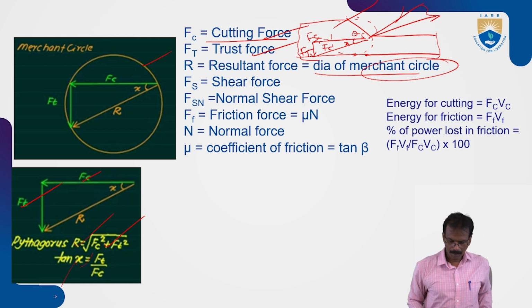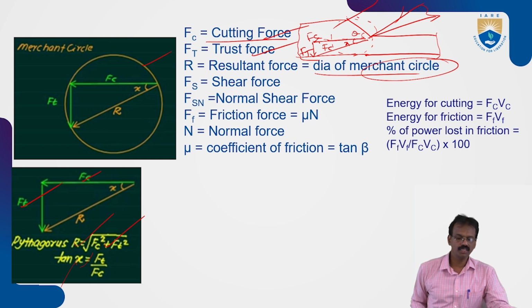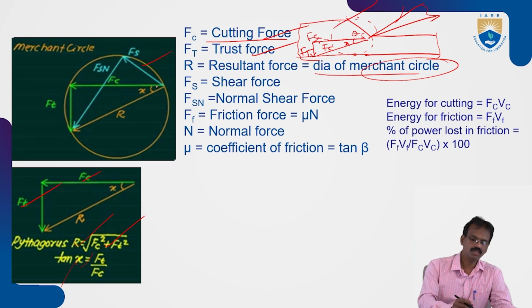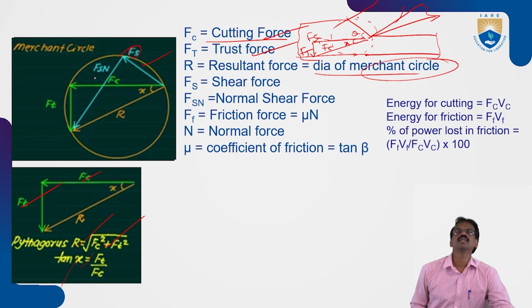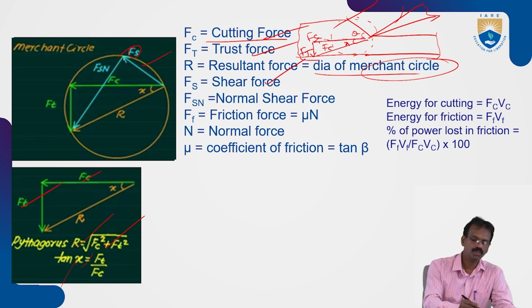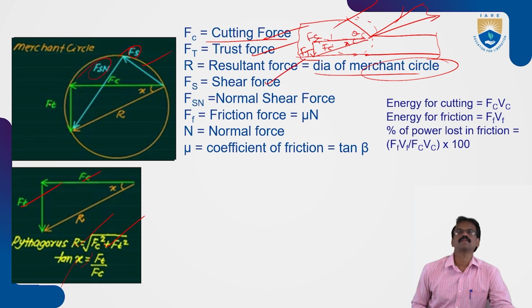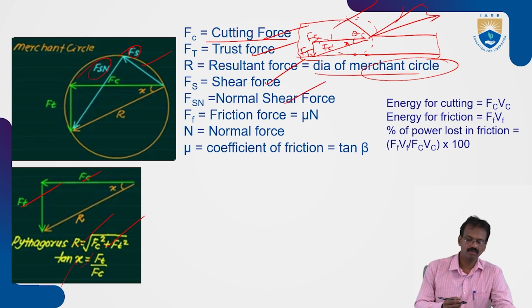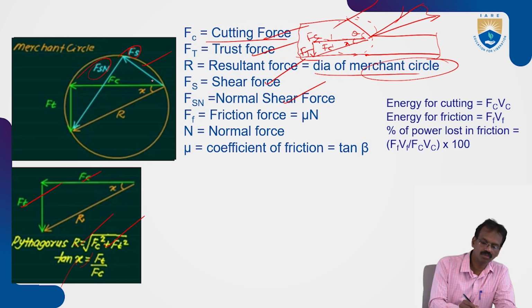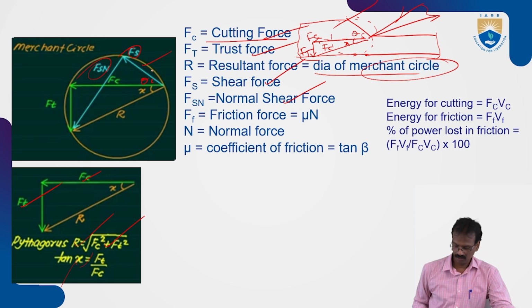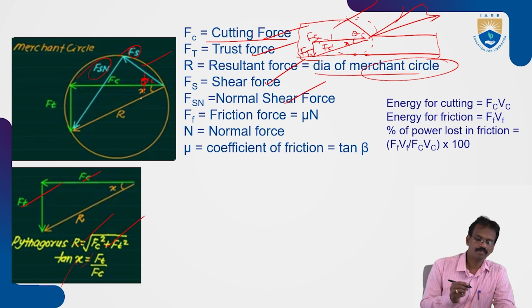Next, the shear triangle. This one is the shear surface. The force acting along the shear surface is the shear force Fs. Normal to this Fs is Fsn, the normal shear force. This is the shear angle phi.